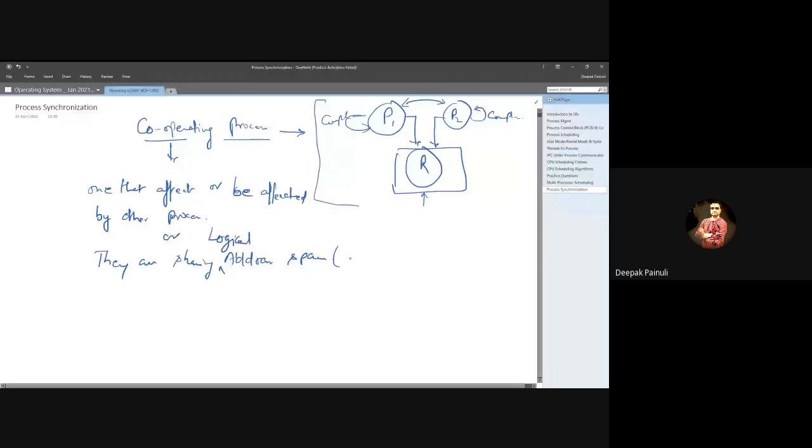In that case, there is a chance that this transaction, or this combined group of transactions, may lead to data inconsistency.